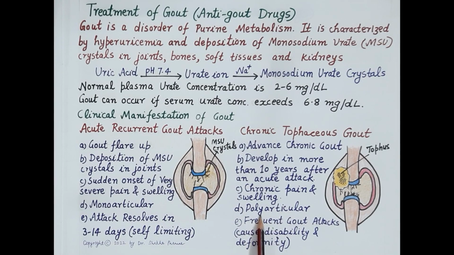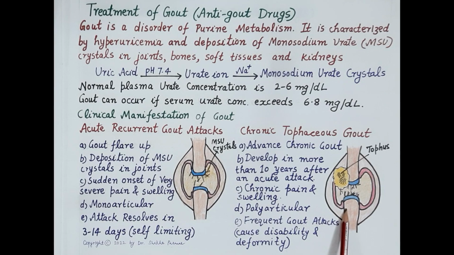And now the gout is not confined to one single joint. The gout becomes polyarticular and a number of joints get affected like the knees, ankles, wrist, elbows. Now in addition to chronic pain, the gout attacks also become frequent. Now if it further progresses, it can cause disability and deformity of the joint.